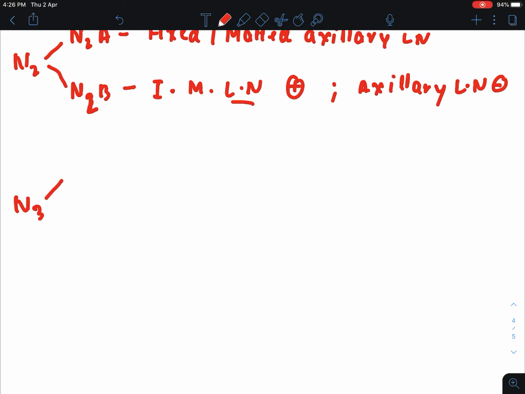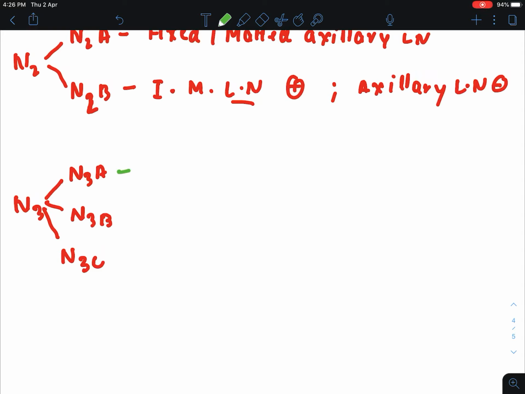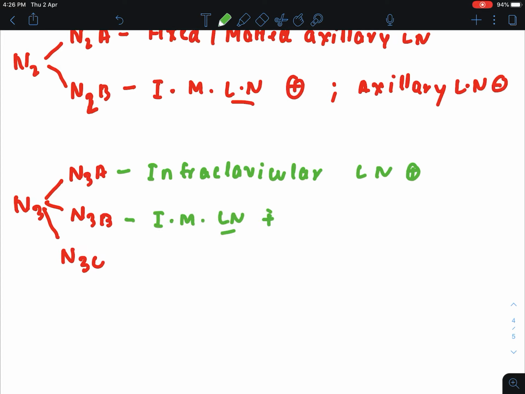N3 is divided into N3A, N3B and N3C. N3A represents infraclavicular lymph node involvement. N3B represents internal mammary lymph node involvement plus axillary lymph node involvement.